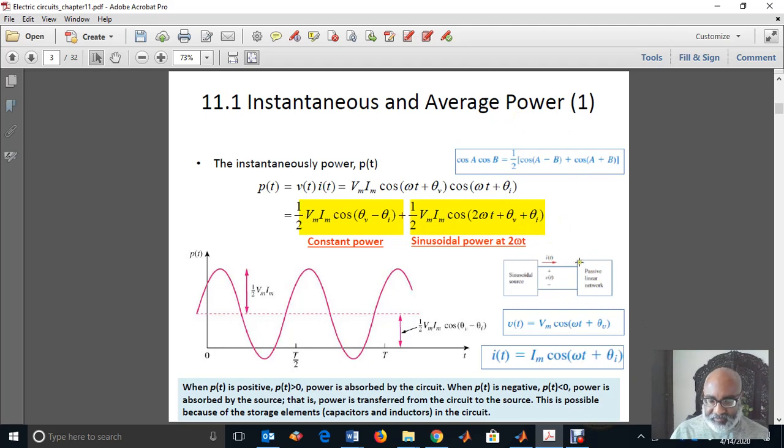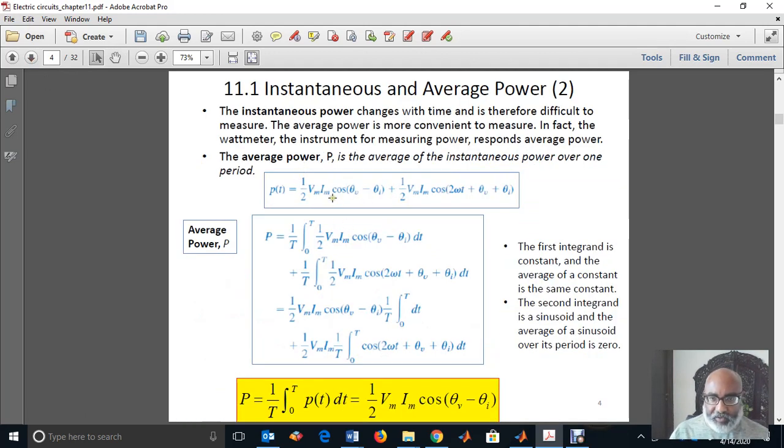When positive, it is power absorbed by the circuit. When it is negative, power is delivered. So in this case, power is transferred from the circuit to the source. This is possible because of the storage elements. For example, if I have capacitors and inductors in the circuit, then they can transfer energy to the source.